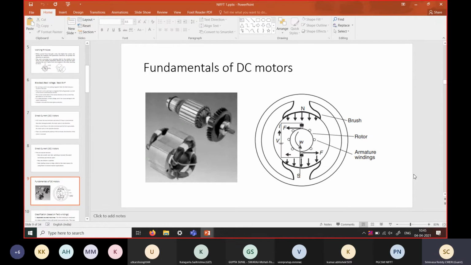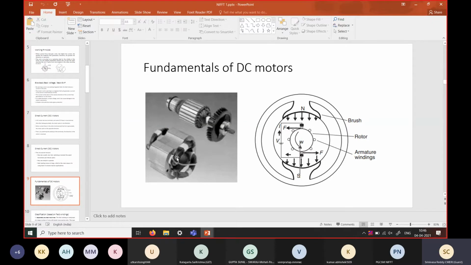Here we can see the practical construction of the DC motor. In the first image, you can see the bottom one is the stator part, and the top one is the rotor part.